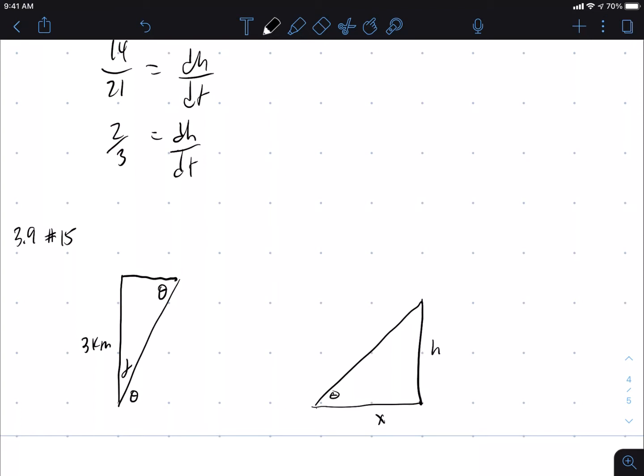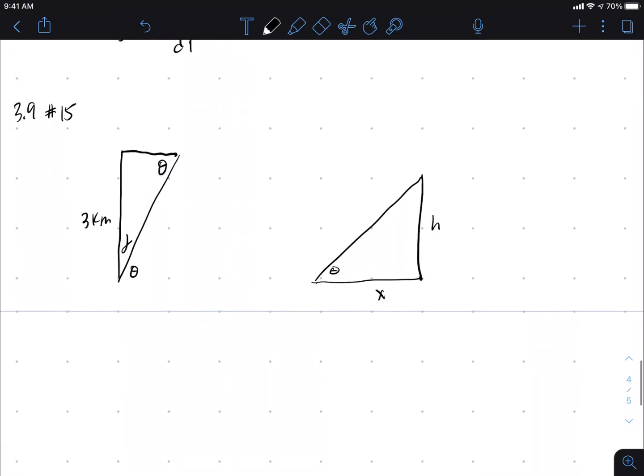So if that angle is decreasing, we have to use this picture to see if we can solve it. We know the height is fixed at 3. Does the rate of change of the plane flying tell us how fast it's going? Oh no. This is what we're looking for, how fast the plane is flying.